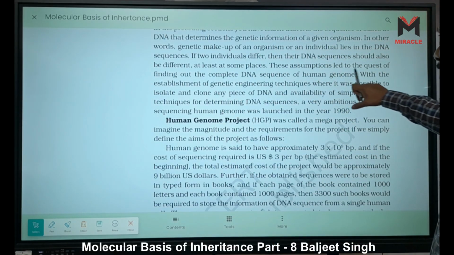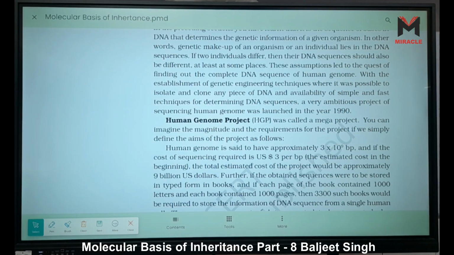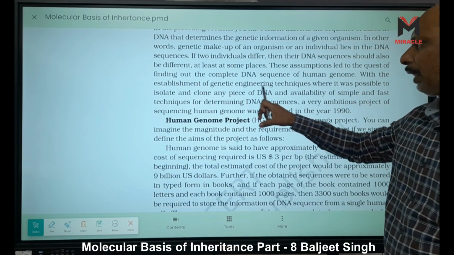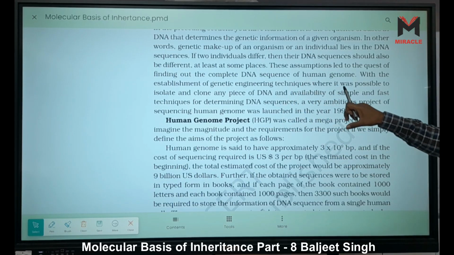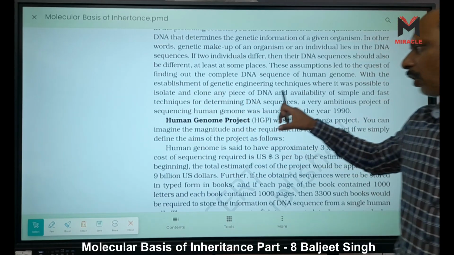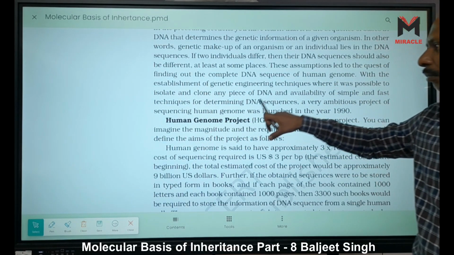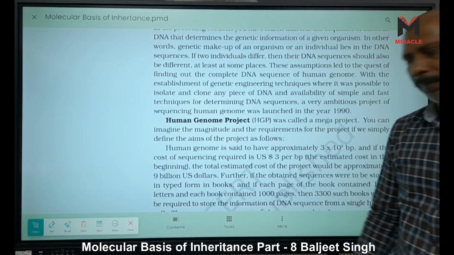These assumptions led to the quest of finding out the complete DNA sequence of the human genome, with the establishment of genetic engineering techniques, where it was possible to isolate and clone any piece of DNA, and the availability of simple and fast techniques for determining the DNA sequence, right?